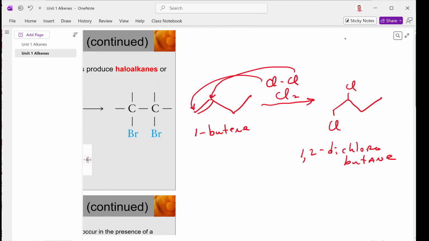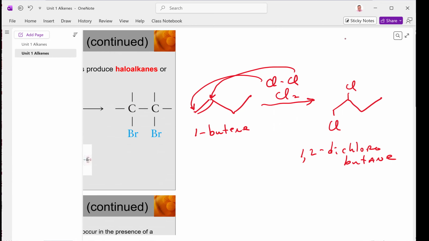And because it's the same, remember, there's a 50-50 chance of that chlorine Cl2 hitting the double bond, this way or this way. But because it's Cl on both ends, there's no difference between the two.